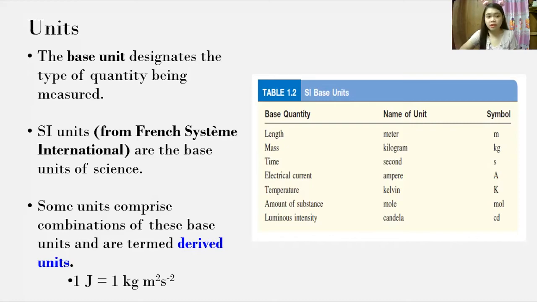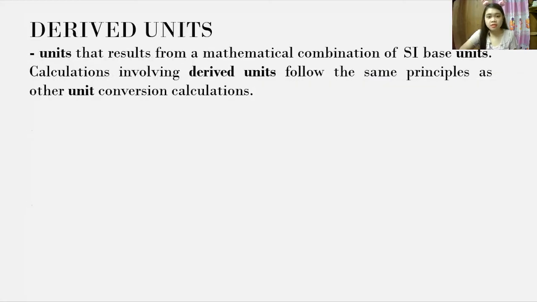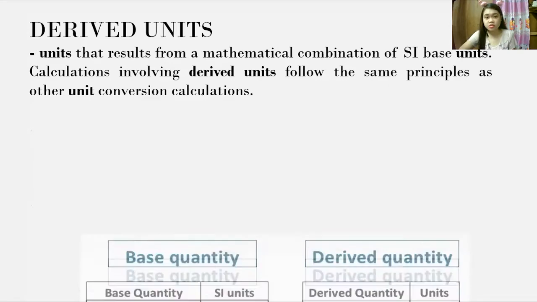So this is an example of derived units. Again, derived units result from mathematical combinations of SI base units, and calculations involving derived units follow the same principle as other unit conversion calculations.